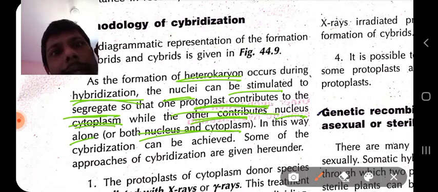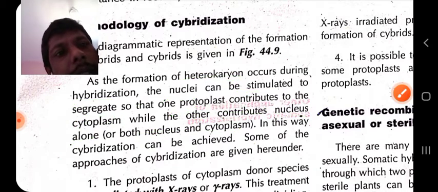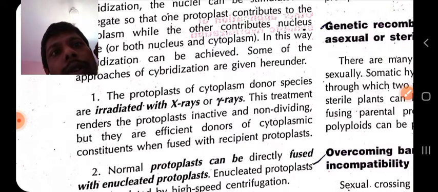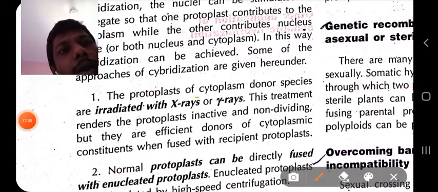How can it be achieved? Theoretically it is possible, but how is it achieved practically? First point, the protoplasts of the cytoplasm donor species are irradiated with X-rays or gamma rays. Donor species means those that will donate the cytoplasm.